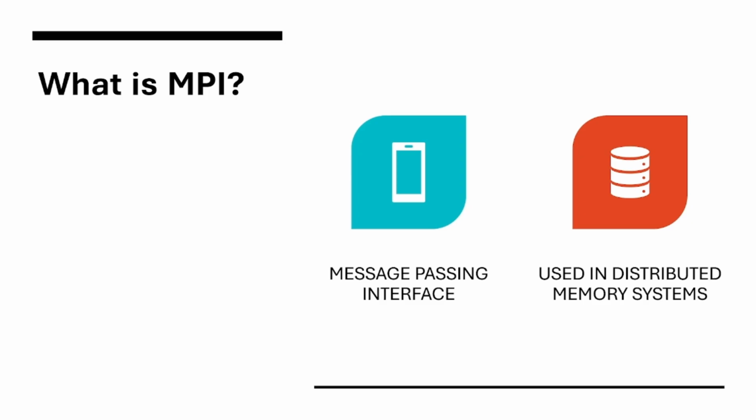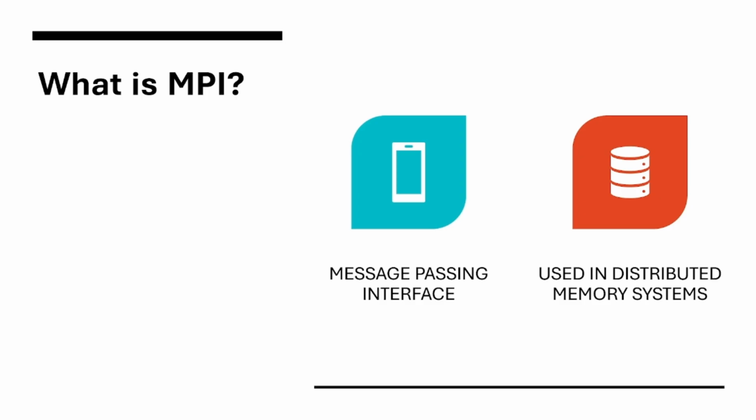In distributed memory systems, each process has its own local memory and they cannot directly access each other's data. So MPI solves this problem by providing functions to send data from one process to another, receive data from other processes, and coordinate and synchronize executions.